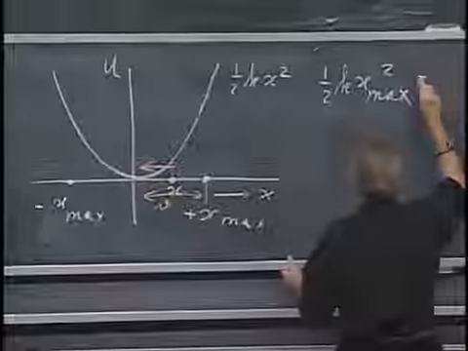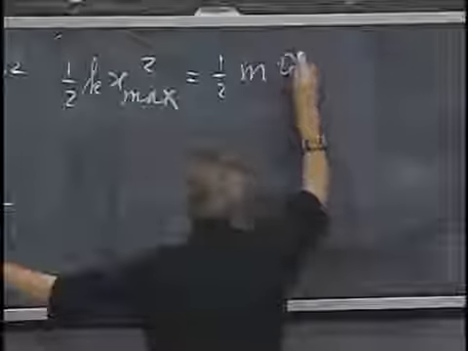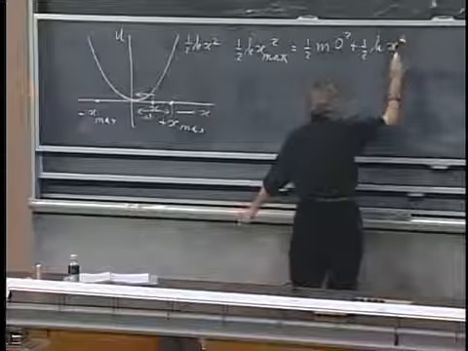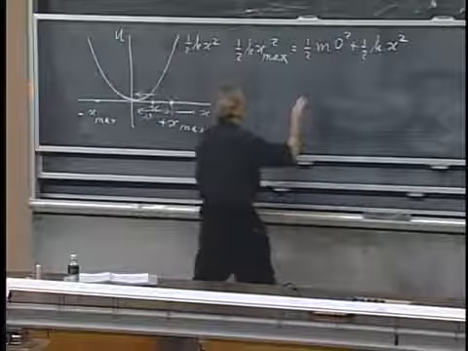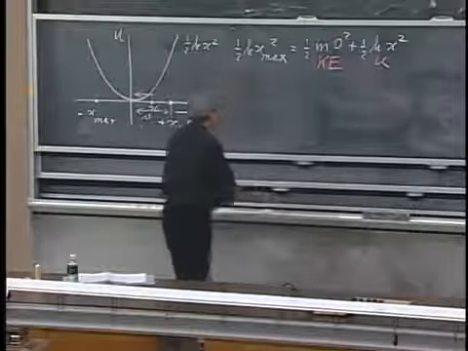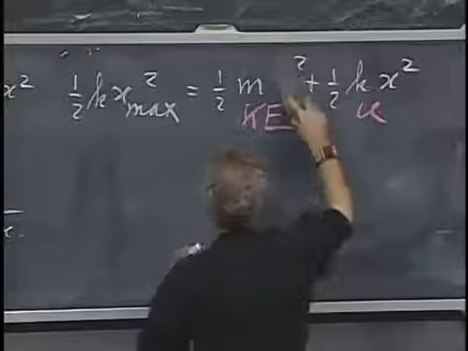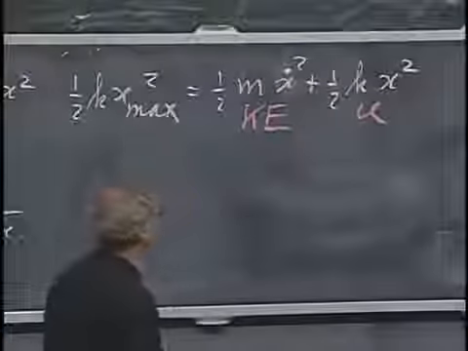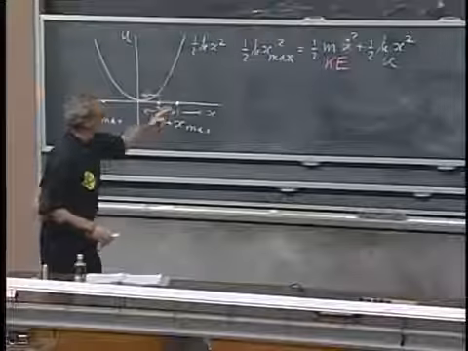That must now be 1/2 m v squared at a random position x plus 1/2 k x squared, which is the potential energy at position x. So this is the kinetic energy, and this is the potential energy. v is the first derivative of position versus time, so I can write x dot. Now I'm going to rewrite it slightly differently.